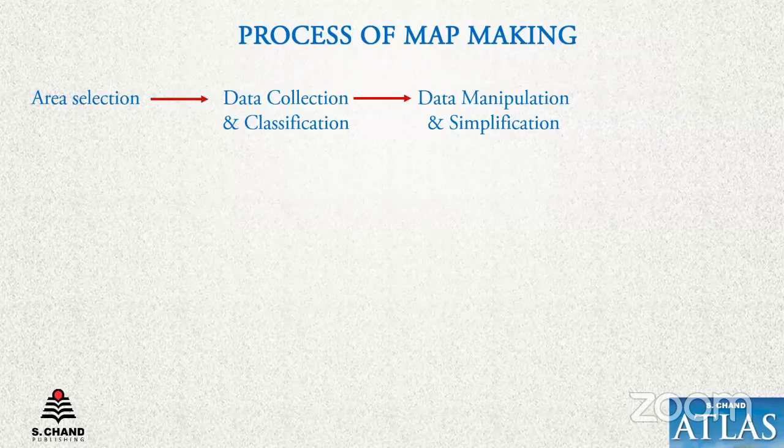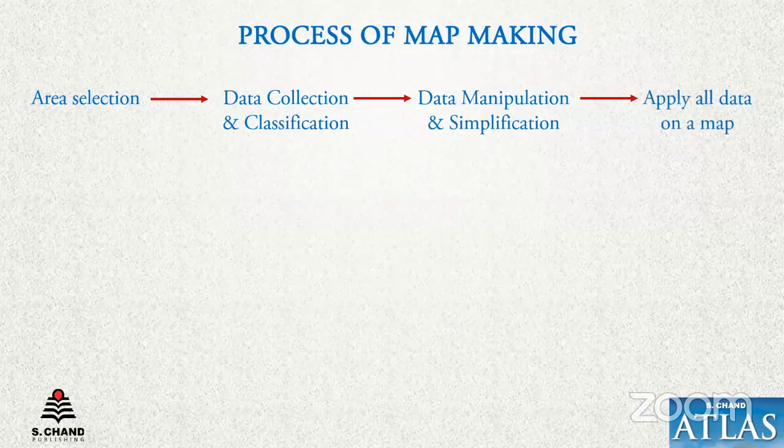If we are making a true map, the 3D map, and plotting it on the 2D plane, there will be distortion, deviation, and everything. That's why we require manipulation, as close as possible, and simplification to make it presentable.